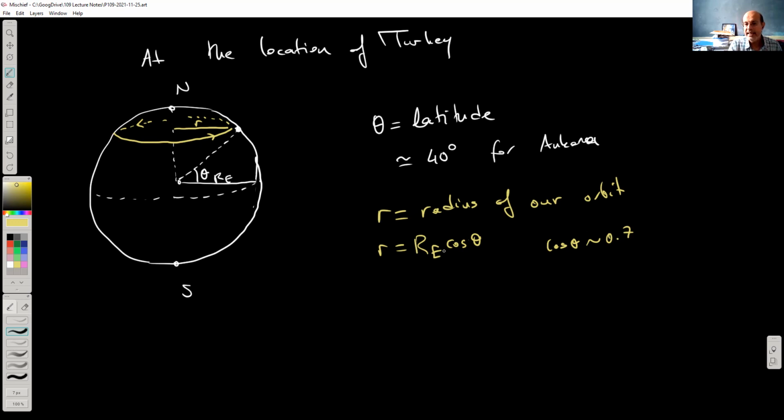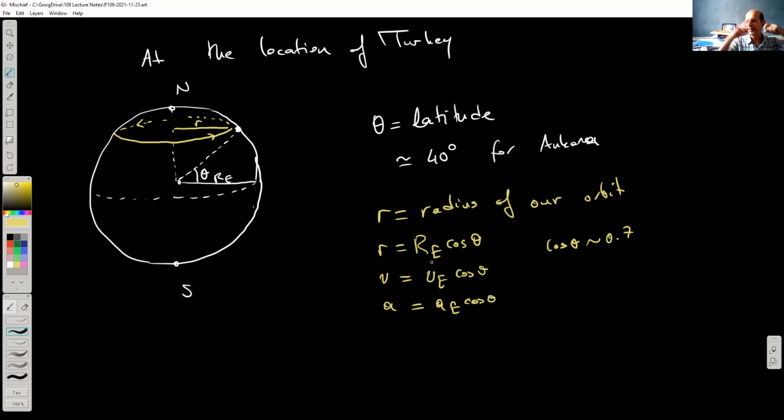In any case, we are doing the same circular motion, except that our radius is smaller by a factor of cosine theta. Then you can show that our speed is the equatorial speed multiplied with cosine theta, and our acceleration is basically the equatorial acceleration multiplied with cosine theta. Why?